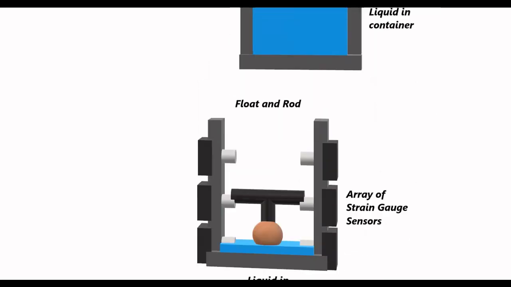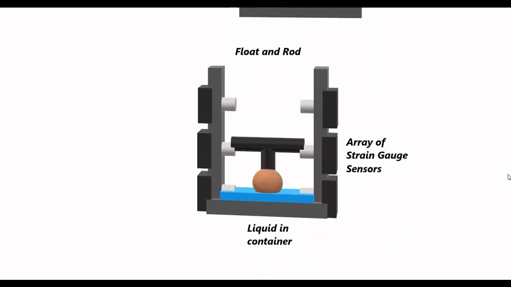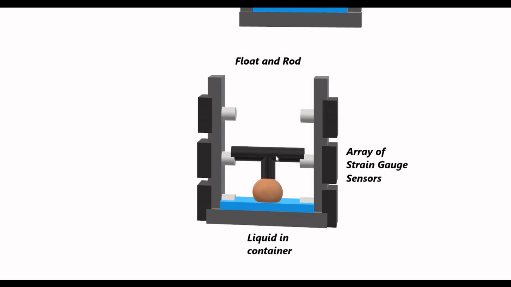This is the single sensor arrangement, and this is the multiple sensor arrangement. Whenever the rod strikes a particular sensing shaft, that particular sensor is triggered and it gives us information about the level of the liquid. In the multi-sensor arrangement, the sensors are connected at fixed separation gaps with respect to each other, so that whenever a particular sensor is triggered, we can give exactly the location or the level of the liquid at that position.